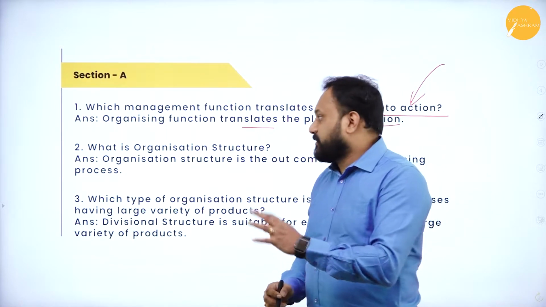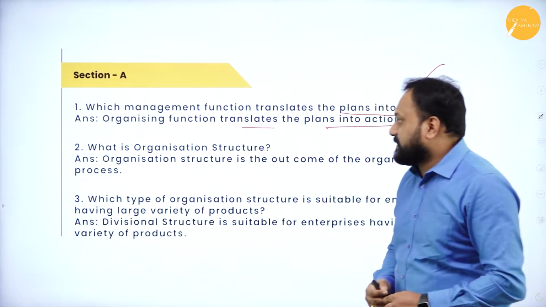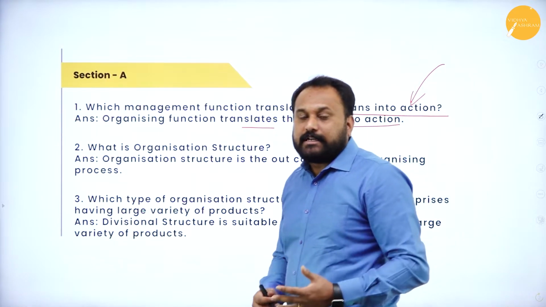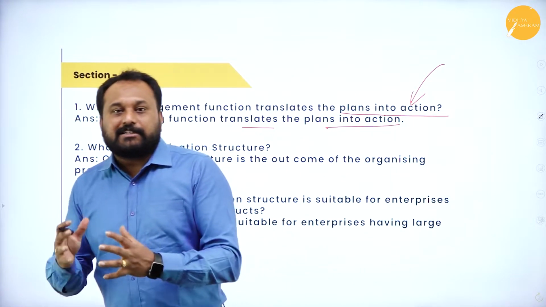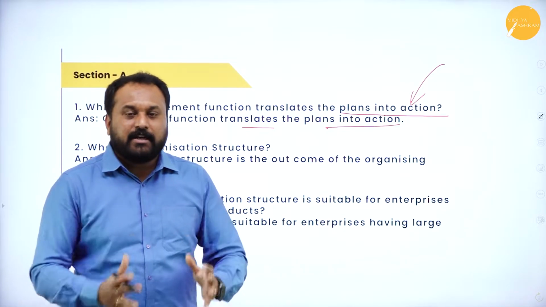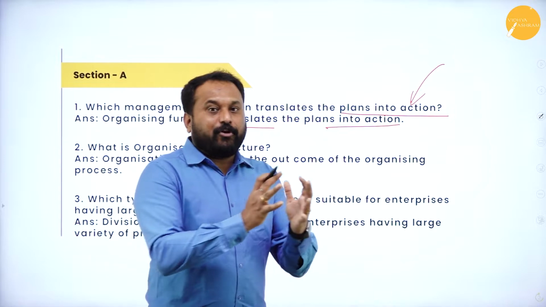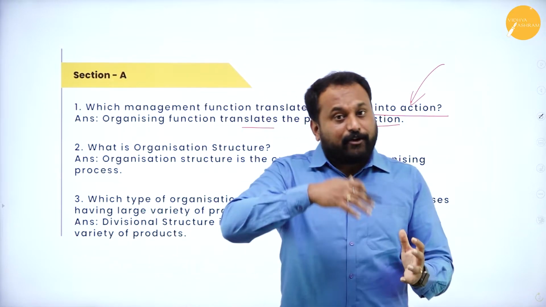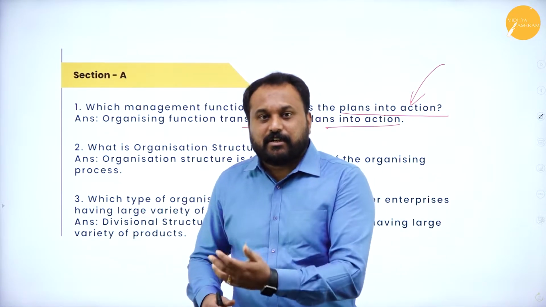The second question is, what is organization structure? Understand, whenever we go with the multinational companies or a small company or dormant company or any kind of a company, there should always be a formal structure as well as there will be informal structure also.